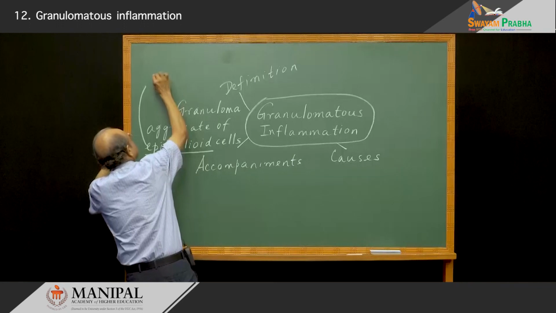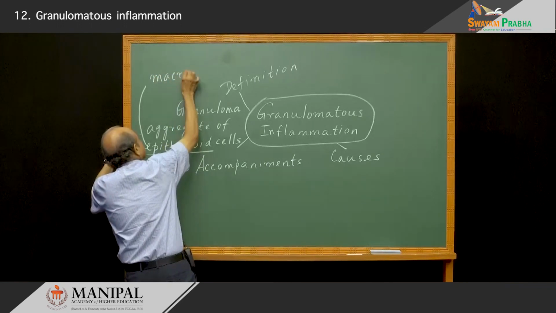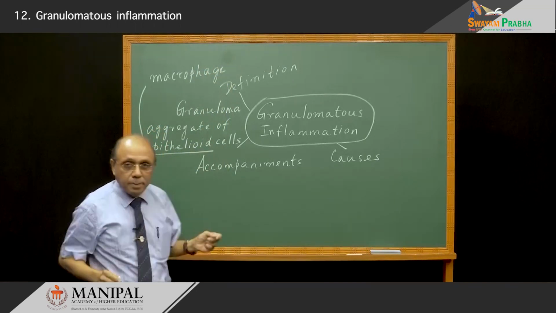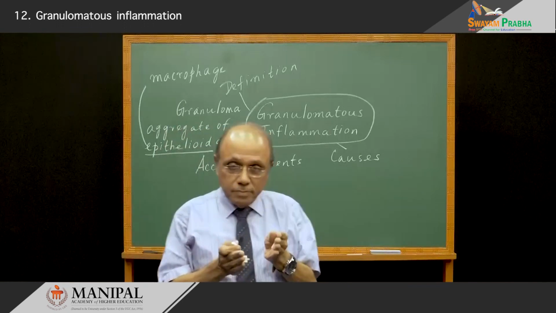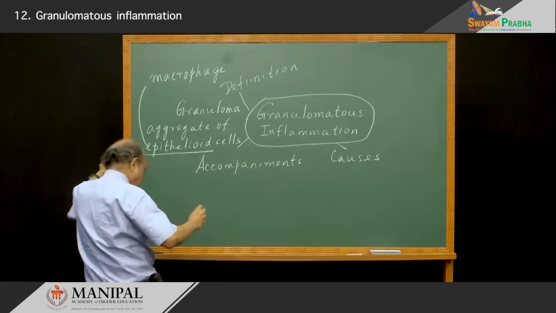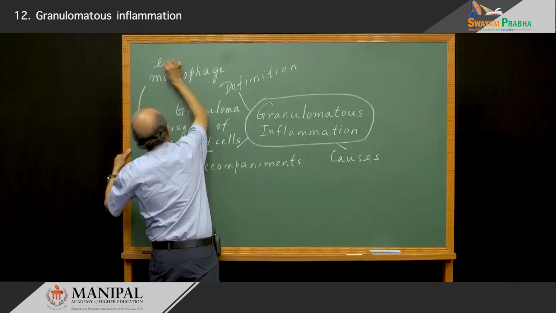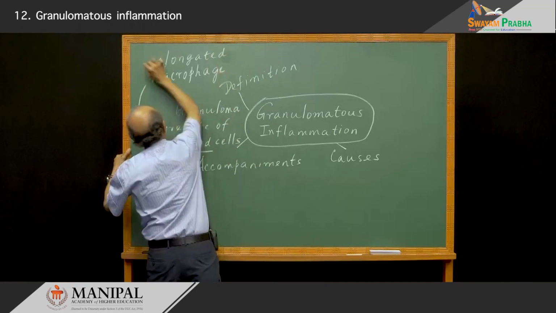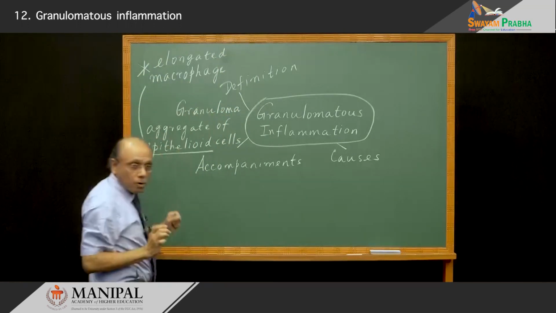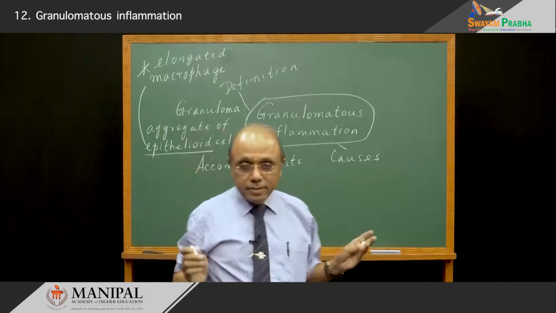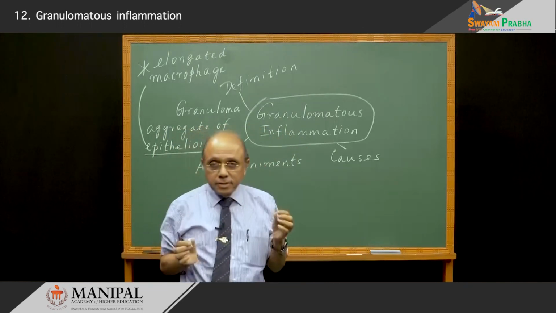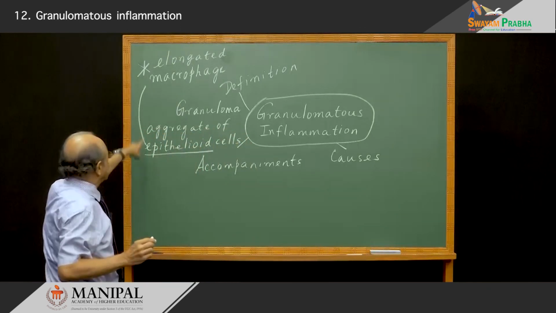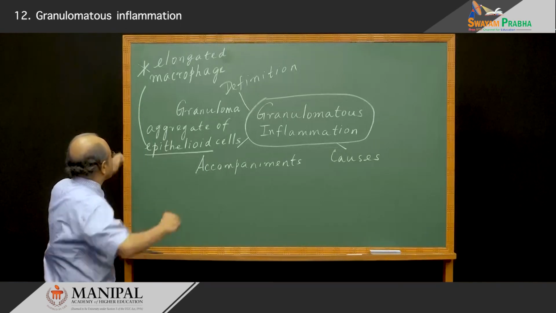The first thing one must understand is that it is a macrophage or a histiocyte. The epithelioid cell is a macrophage which has become elongated. So, it is an elongated macrophage. This is the first thing one must remember. Even though it is called an epithelioid cell, it is a histiocyte or a macrophage which has become elongated.